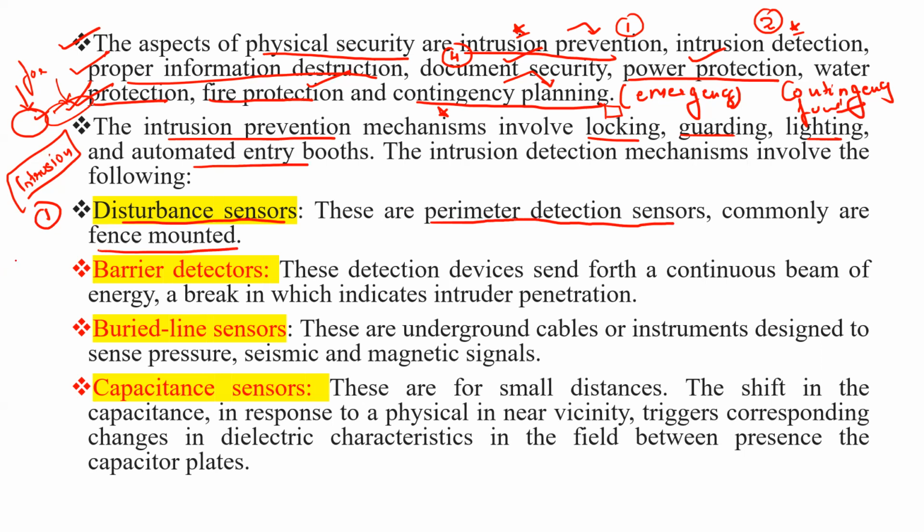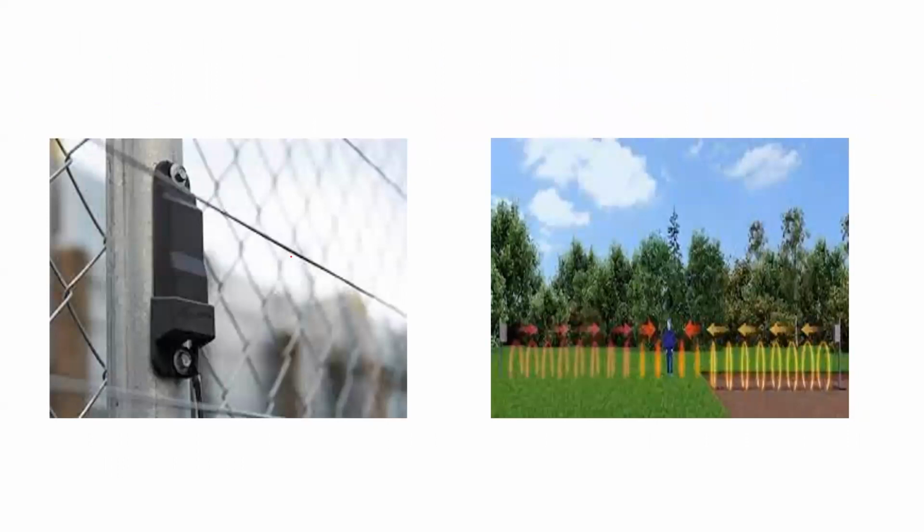Like there is a fence outside, and there is a wire on it, and this is the detector or sensor.